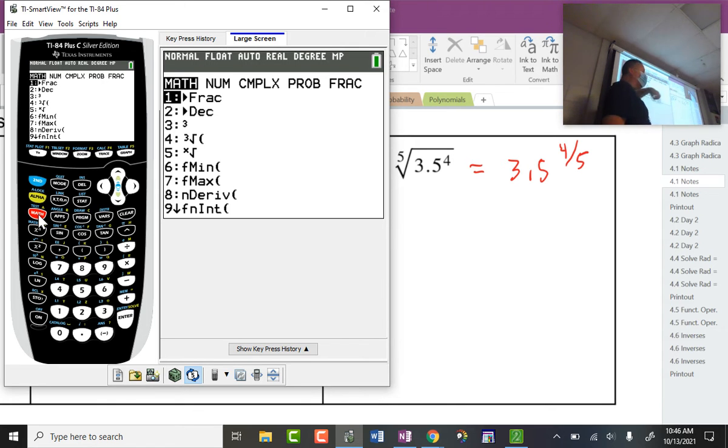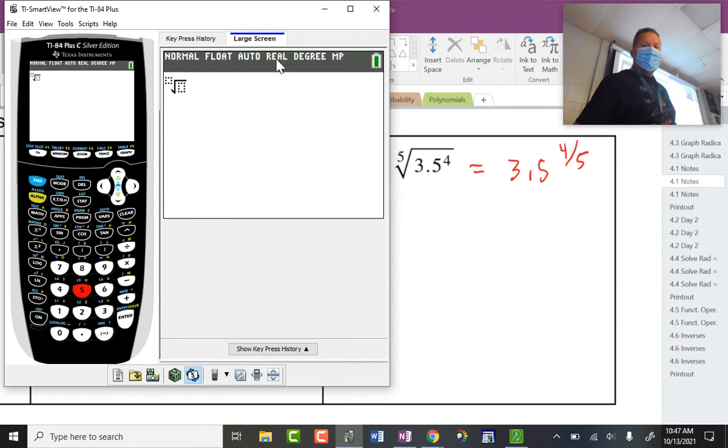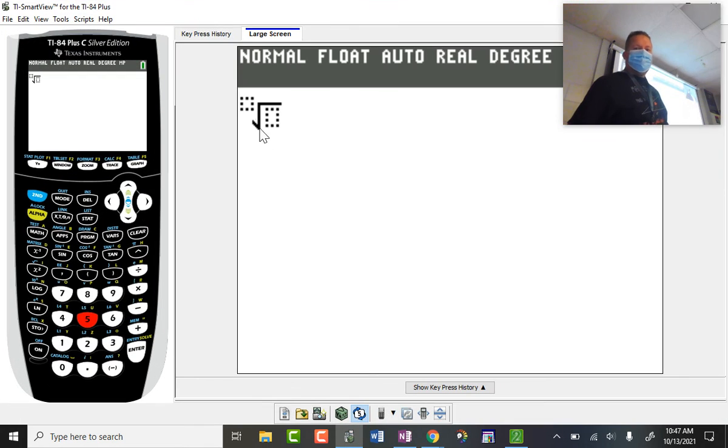If you have an old 83, well, when you hit this, X root comes out on your screen. That means you have to type 5 first, and then X root. Anyone have an old 83? So you would have to hit 5 first, then X root. Right, and then X root comes out. But look at what we get in our fancy calculator. We actually get this blinking, ready to go to make the index whatever I want.